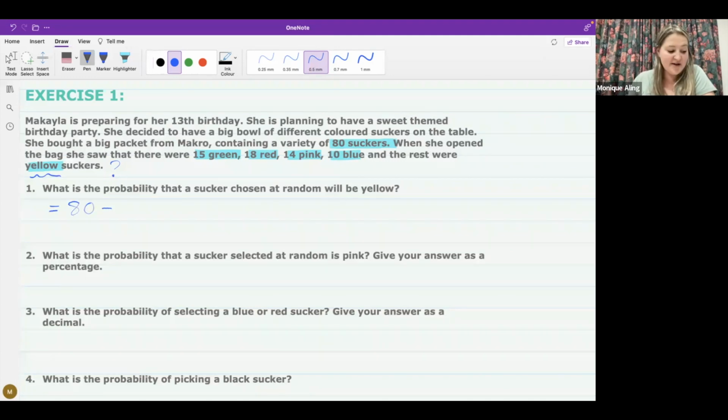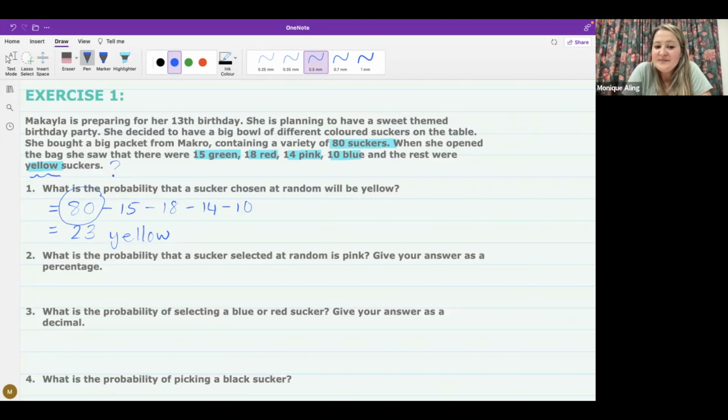So you took the 80 and you minus all the numbers we did know. So the 15, the 18, the 14, and the 10. And what was your answer when you minused everything? 23. Yeah, it's 23. Perfect. So that means there must be 23 yellow suckers because all of them added together must be 80. Great. And then what did you do?